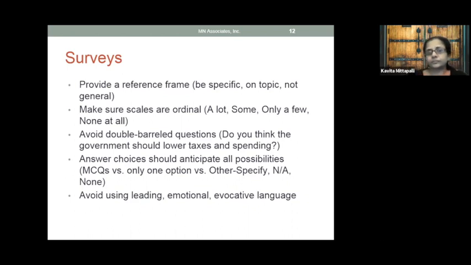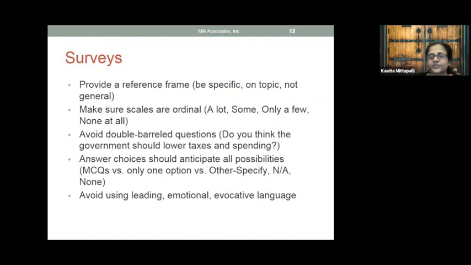Make sure the scales that you're using are ordinal, in the sense that you use choices of a lot, some, only a few, none at all, so that they have the choices. Then avoid double-barreled questions. For instance, you're really forcing a response out of the participant by asking, do you think the government should lower taxes and spending? I mean, how can you do both?